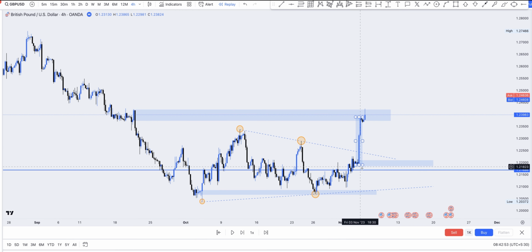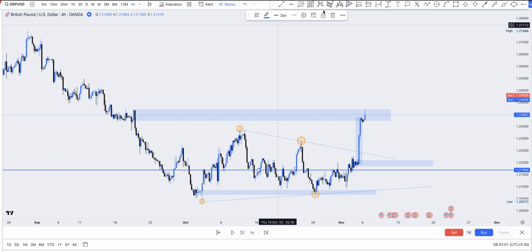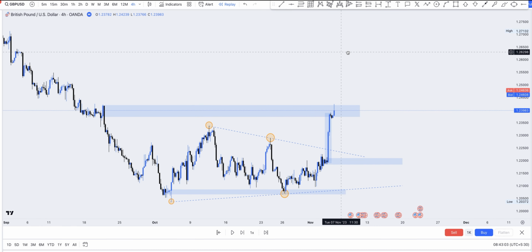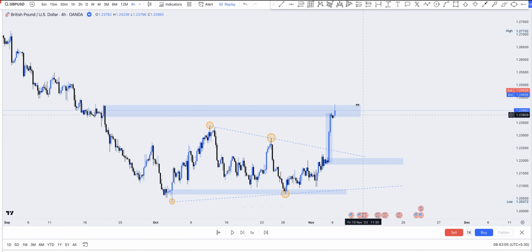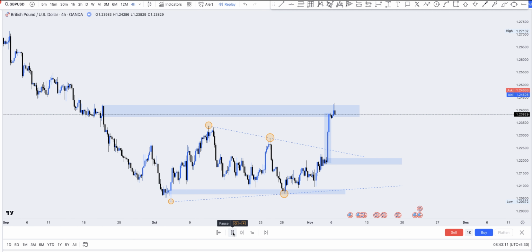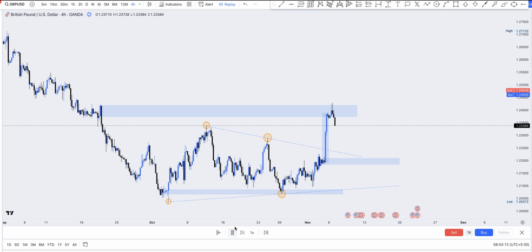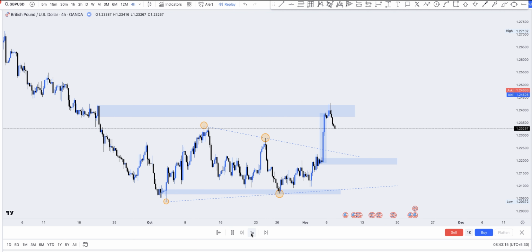Yes, so if price comes lower than that point, I'll still wait for price action around that area before I take any trade. Okay, so now let's see the reaction of price around this area, and then we can conclude on whether we are buying or selling from that point.